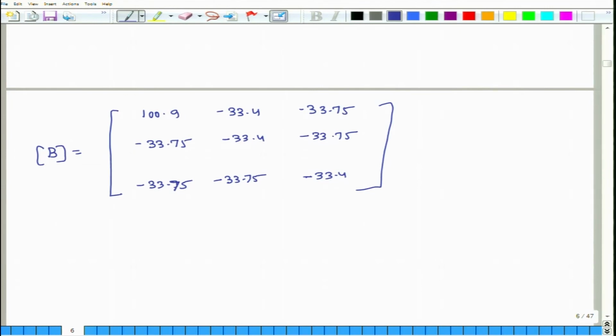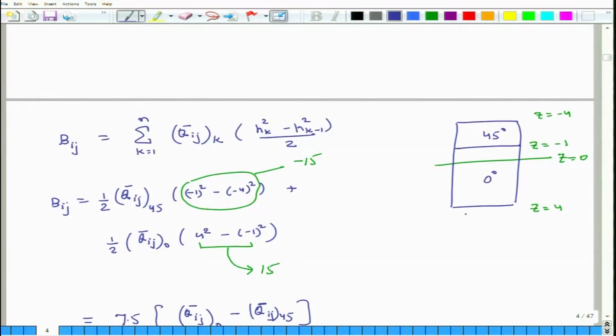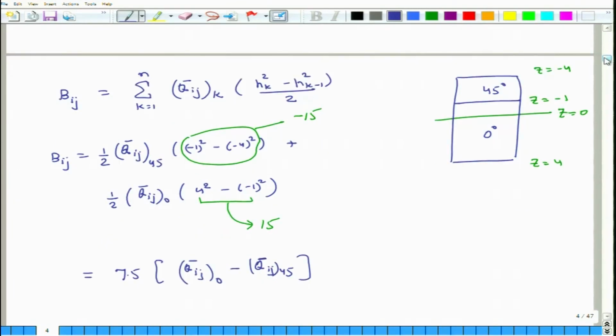So, B is non-zero because our material system, the lamination sequence, is not symmetric. The top layer is 45 degrees, the bottom layer is 0 degrees, and the mid plane is passing through the 0 degree layer. The system is not symmetric, so B has to be non-zero. B will not be zero because the lamination sequence is not symmetric.